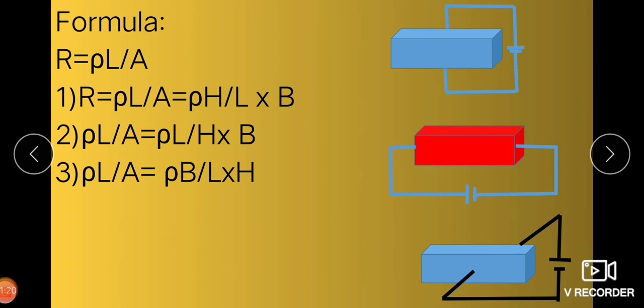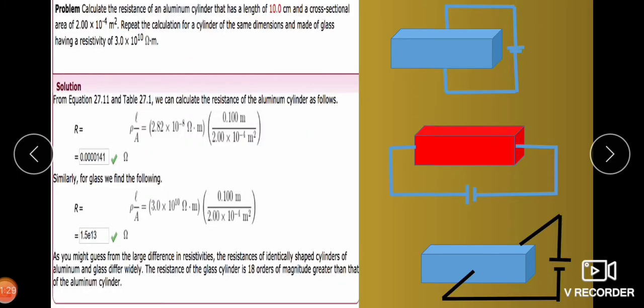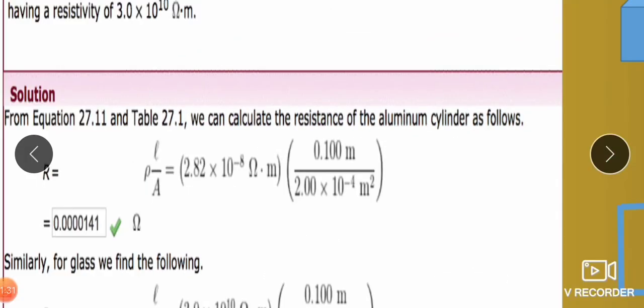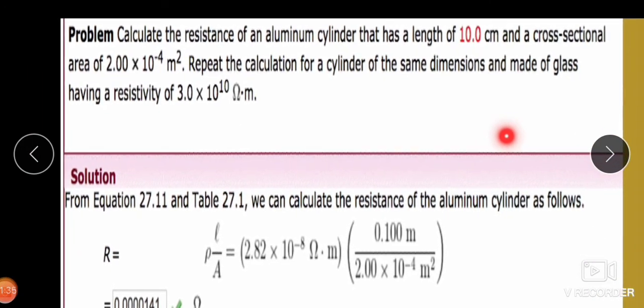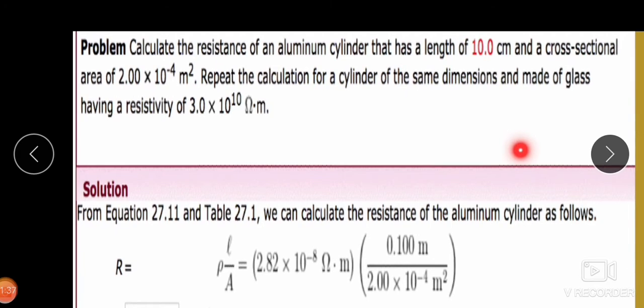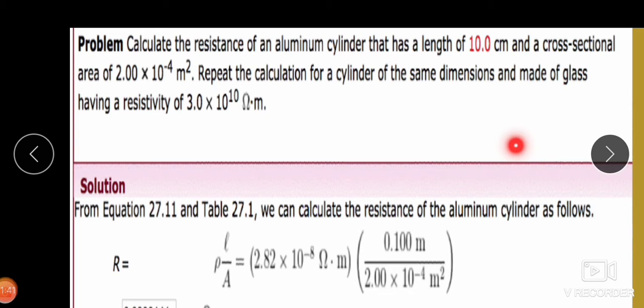First, let us start from a simple example. Suppose a problem is given for MCQ or word type problem.